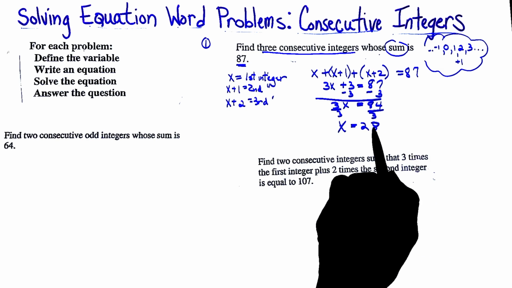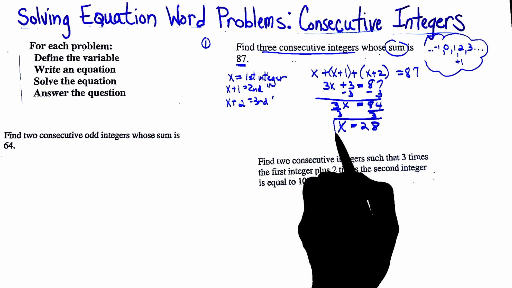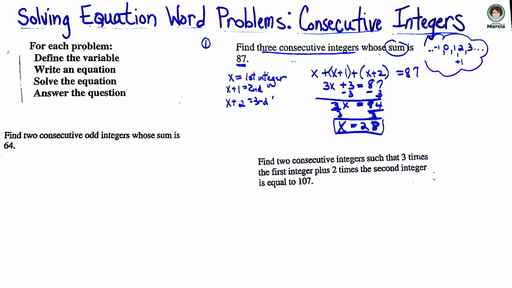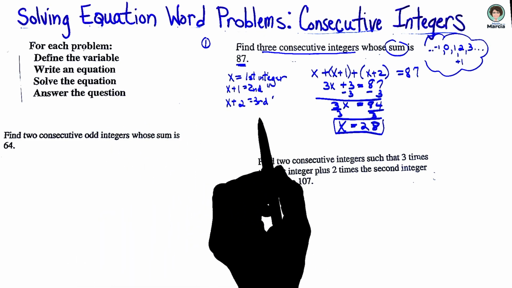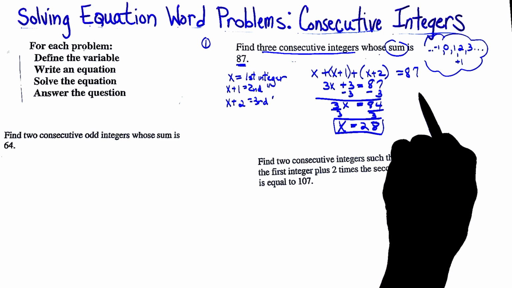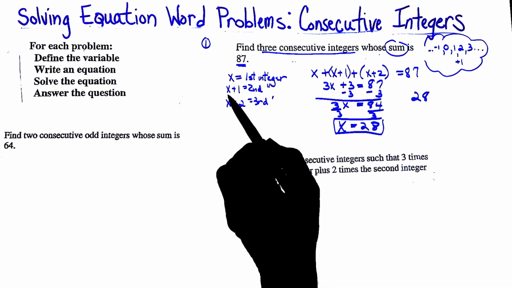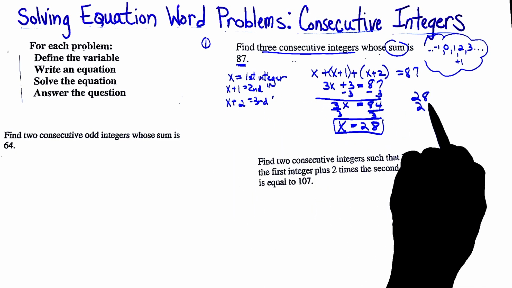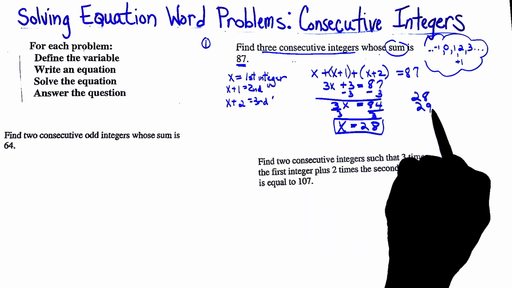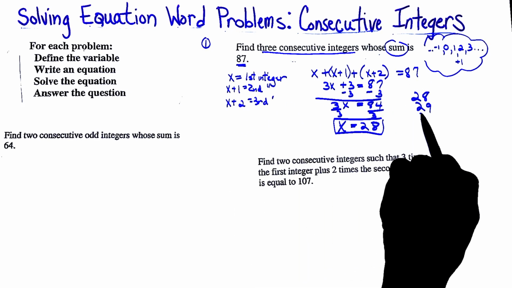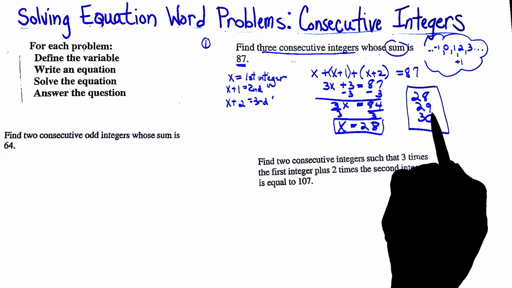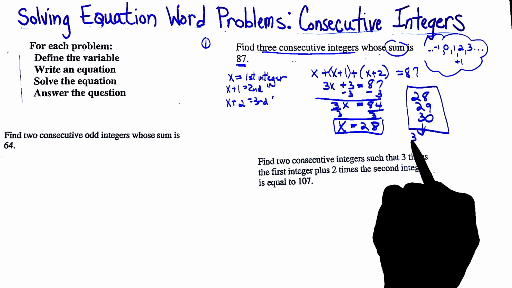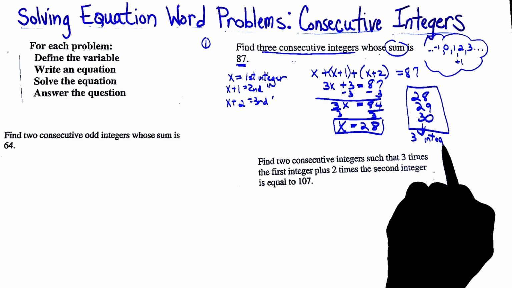All right, so this actually is our first integer. So when we're looking for all 3 of them, my first integer is 28, x plus 1 is 29, and x plus 2, I'm just going up one more, is 30. This is the answer. Here are my 3 integers for this problem.